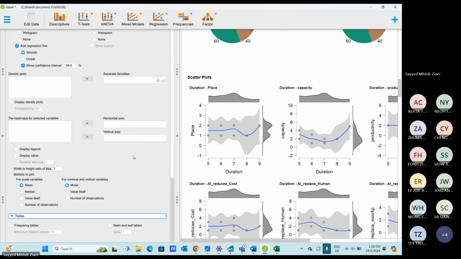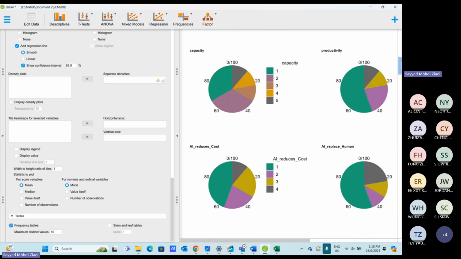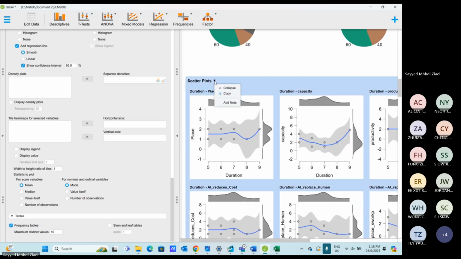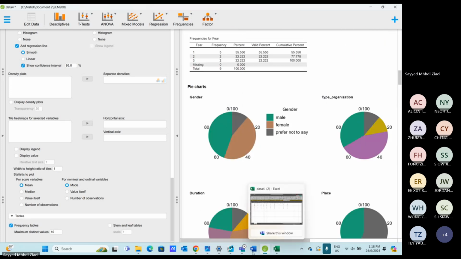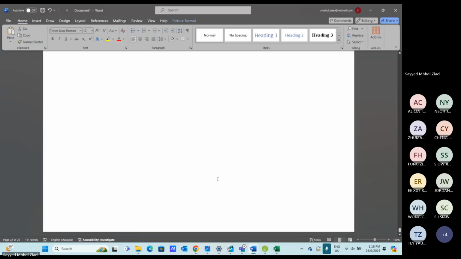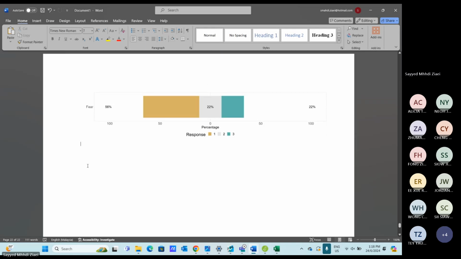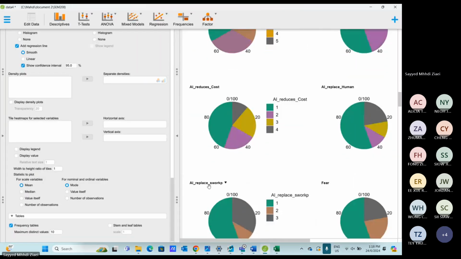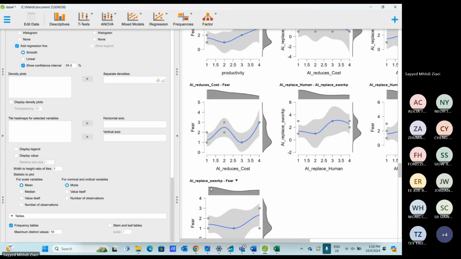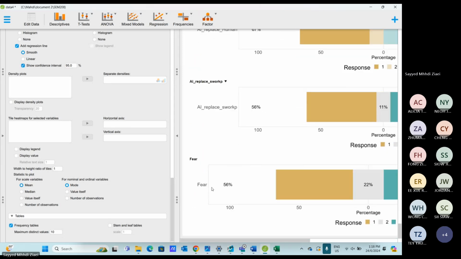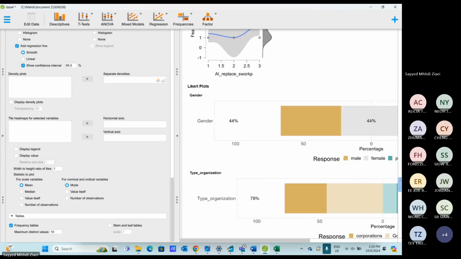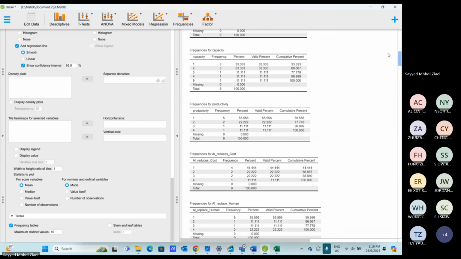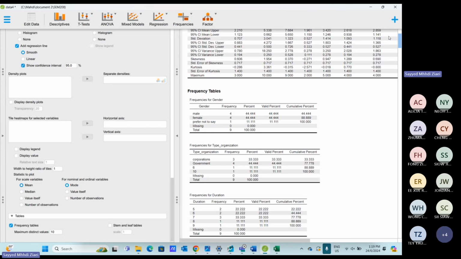Table. If you want to have a frequency table, you are going to get a new table. Oh, this one is for frequency tables.